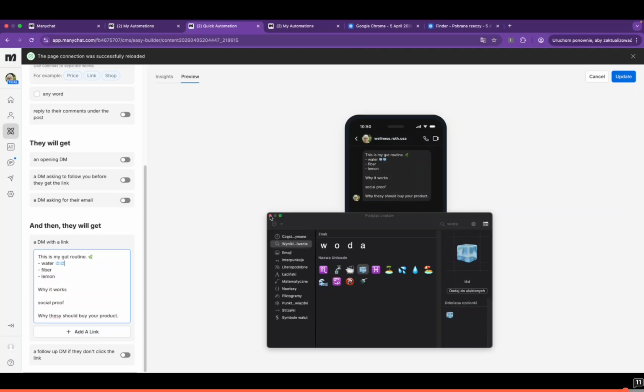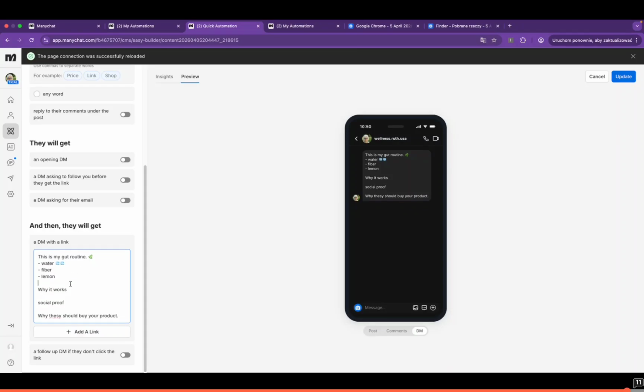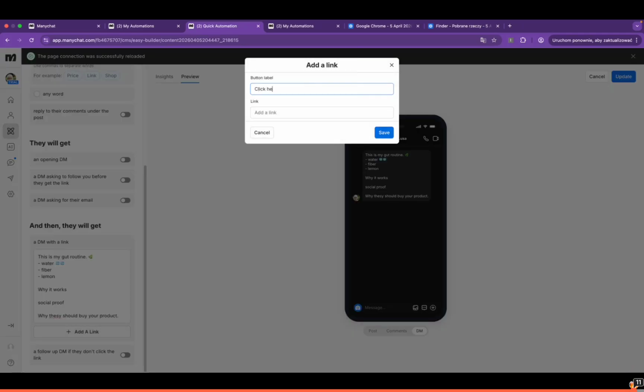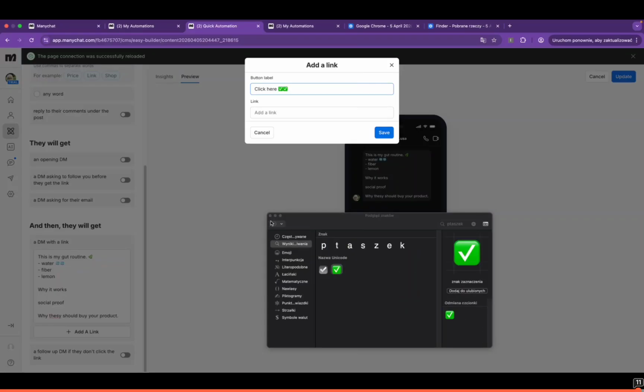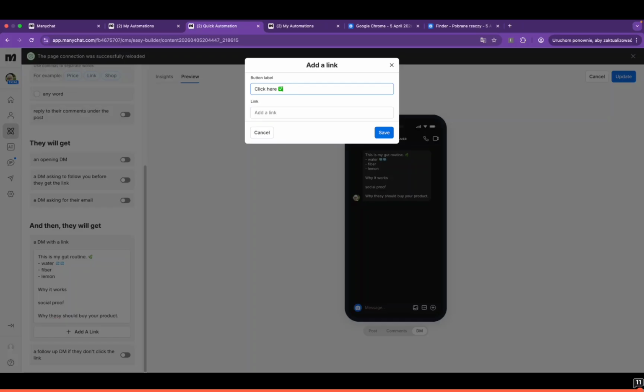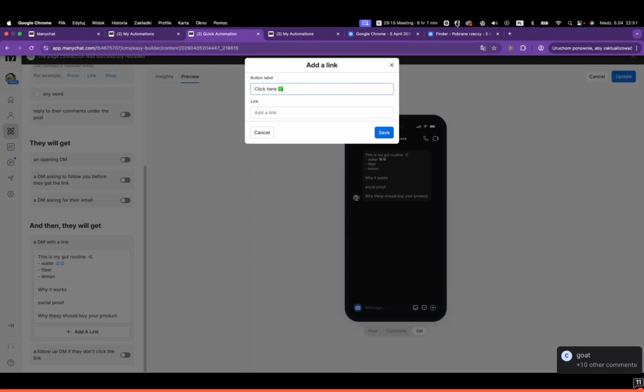I don't know, ice cube, for example. You can use enters. So when you say why it works, divide sections by enters. And also when you're adding a link and you have click here, for example, here you can also add, for example, the check mark. So yeah, also please just try to make your ManyChat messages visually appealing as well.